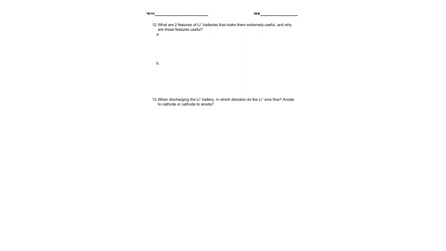Lithium batteries, what makes them useful? All right, lithium is light and it has a high energy density, so you can pack a lot of lithium in there. You can also get a high voltage because it's on the bottom of the table.